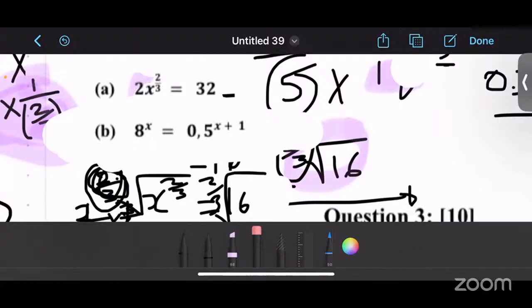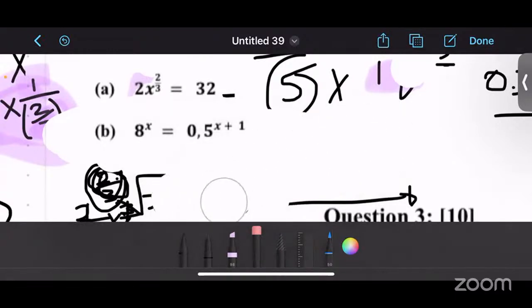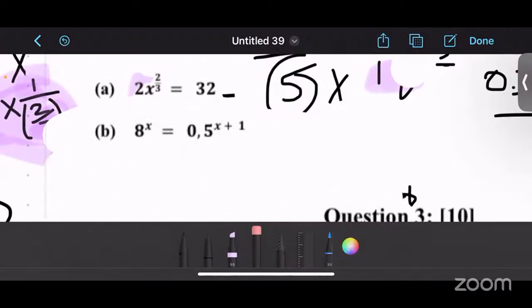Grace. So I decided to change them to 0.125, and then for the 0.5 to get it to 0.125, I said 0.5 to the power of 3, and then for the 8 I said 8 to the power of -1. So you said you changed them to 0.125.